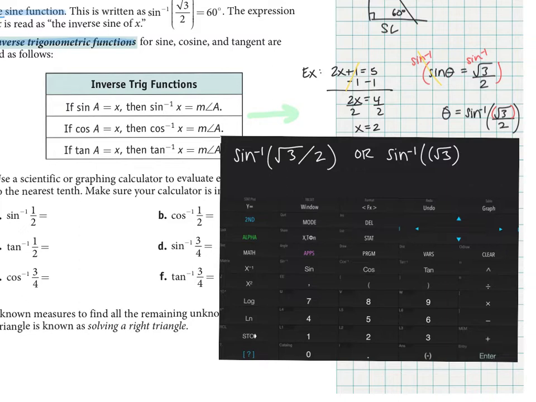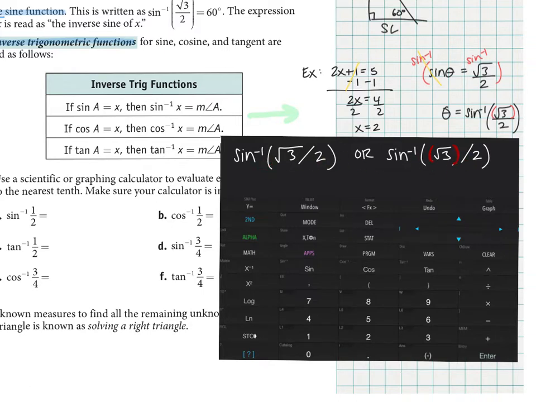So we're adding in double parentheses just to be cautious. Okay, so now let's click our divided by symbol, type in our 2, and then close the parentheses. Either one of these methods will work.